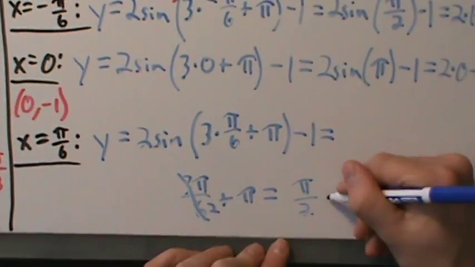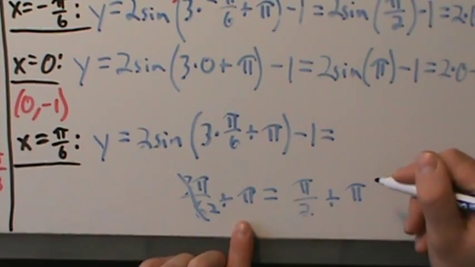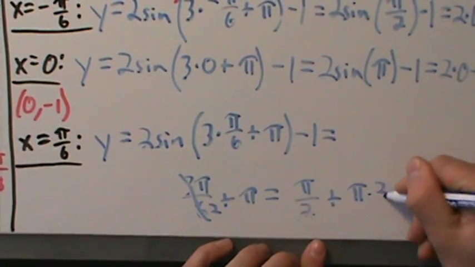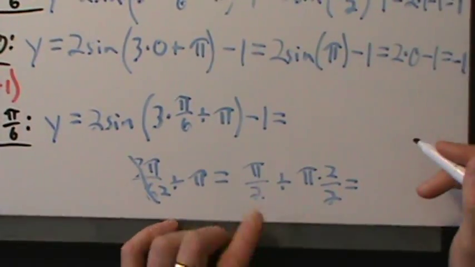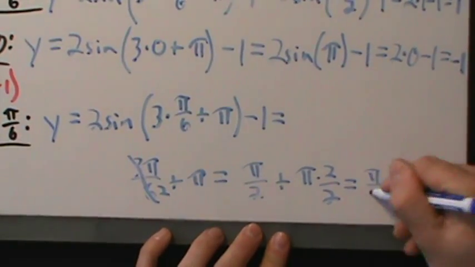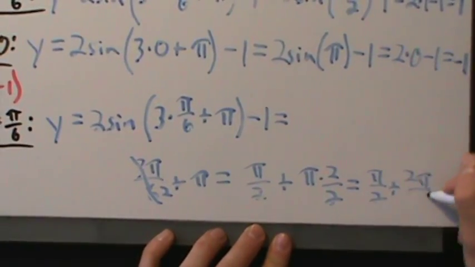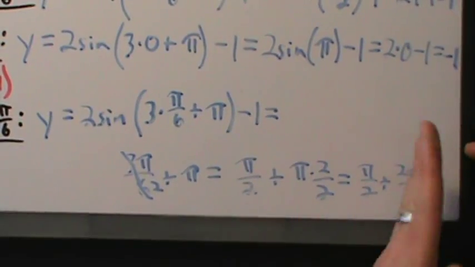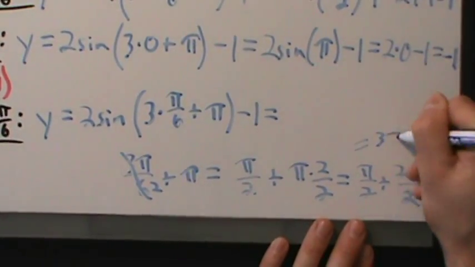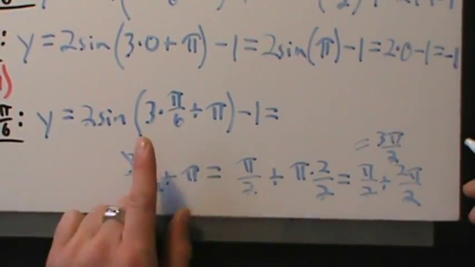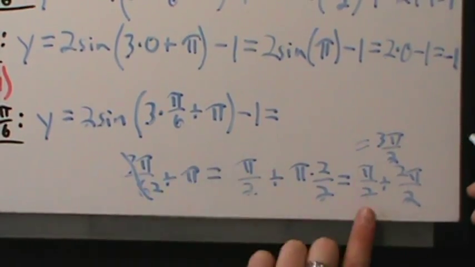Then plus pi is still there. Common denominator again, so multiply by 2 over 2. So this is pi over 2 plus 2 pi over 2, which is 3 pi over 2.